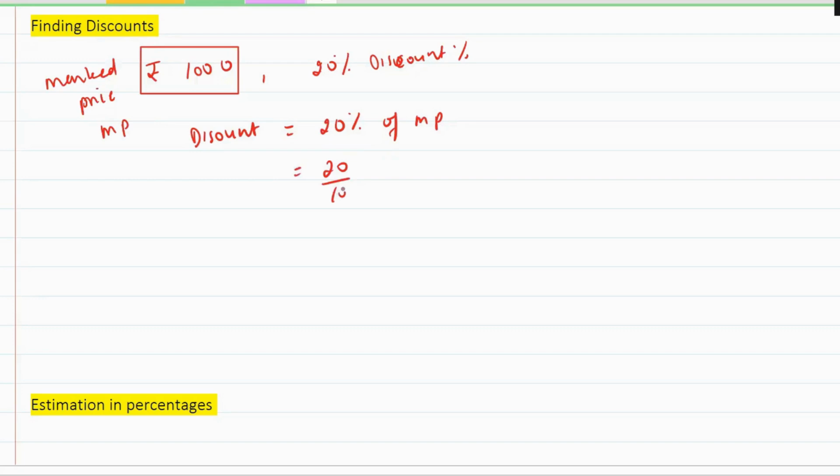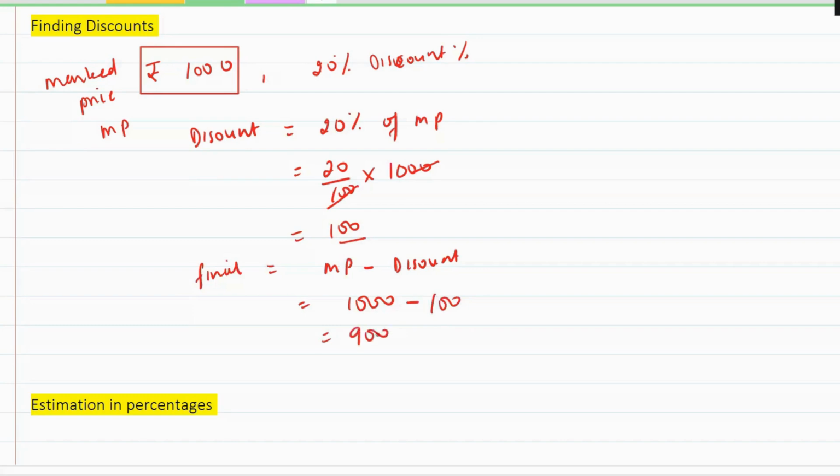So 20% into the marked price, which is 1000 rupees. Cancelling zeros, it gives you 100. As the discount amount is 100, what is the final price? It is marked price minus discount. Marked price is 1000 minus discount 100, so the final amount is 900.